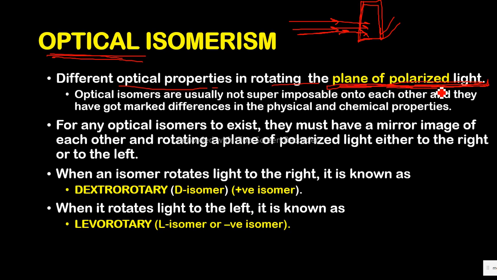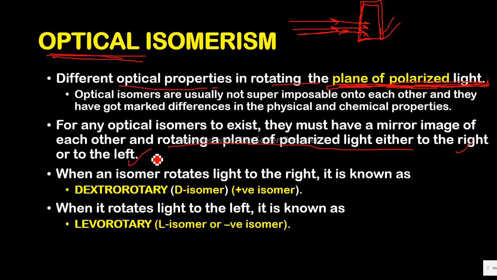Now, when you pass this plane polarized light onto these optical isomers, they rotate the plane of polarized light in two different orientations, either to the left or to the right.